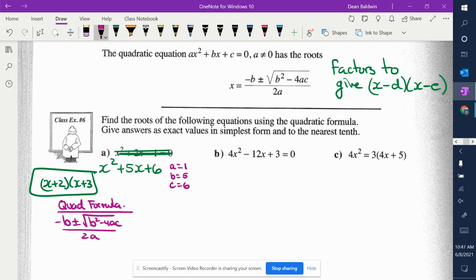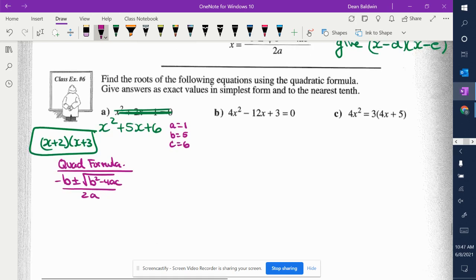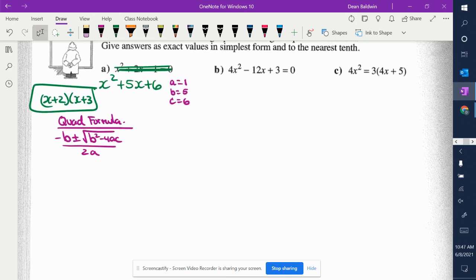All you have to do is plug those into the formula. I'll show you. So negative B. So that means I get negative 5 plus minus the square root of B squared, 5 squared, minus 4 times your A value, which is 1, times your C value, which is 6.